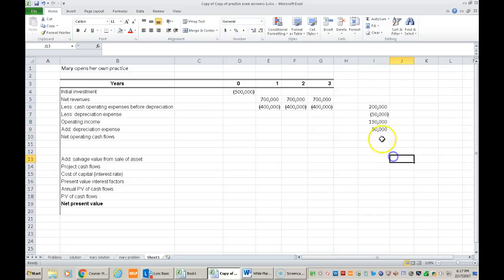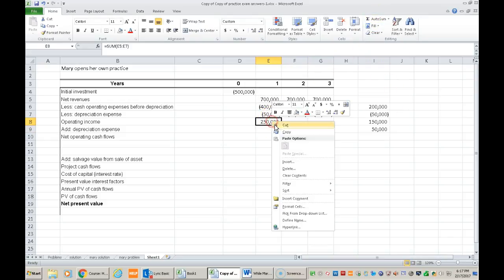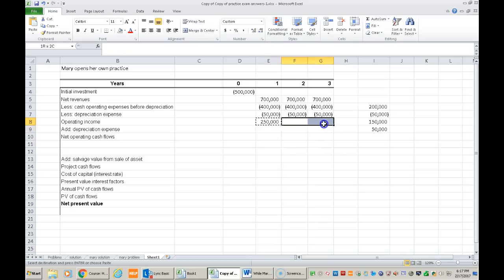We're going to record the full amount of depreciation each year, and so that is $50,000 for each of these years. So her operating income is $250,000 for each of the first 3 years.